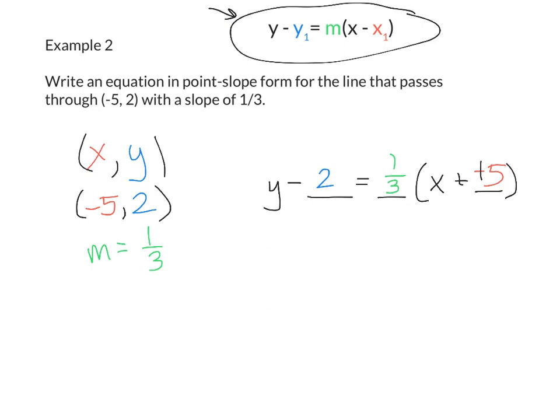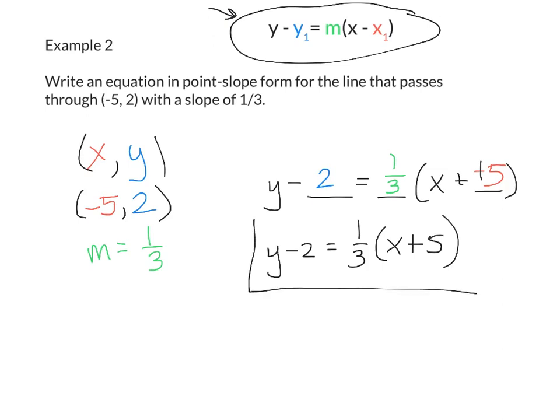And now I'm going to simplify. Y minus 2 equals 1/3 times x plus 5. Then I'll box it in, and that's my answer. So you have a couple problems like this in your book, and I want you to practice.